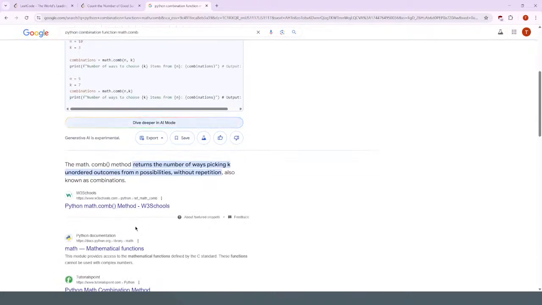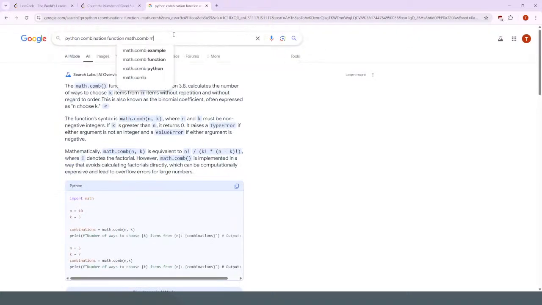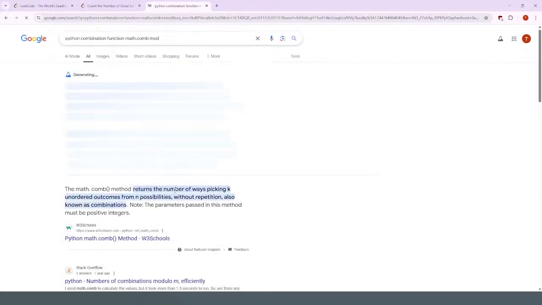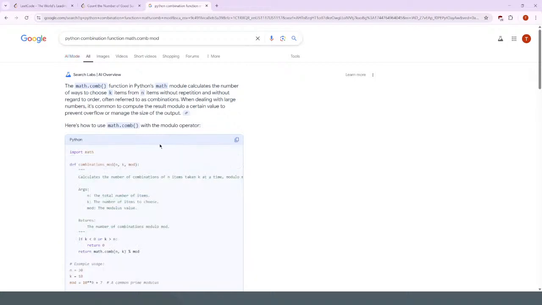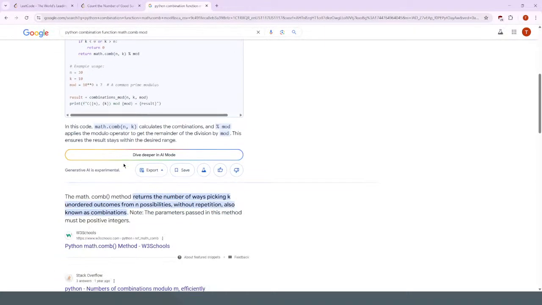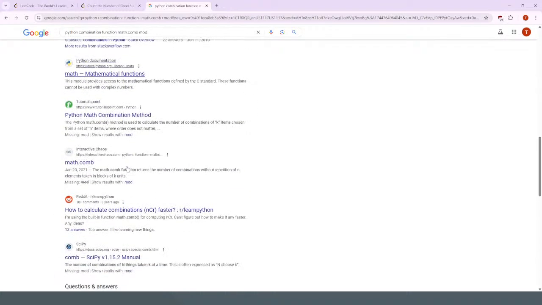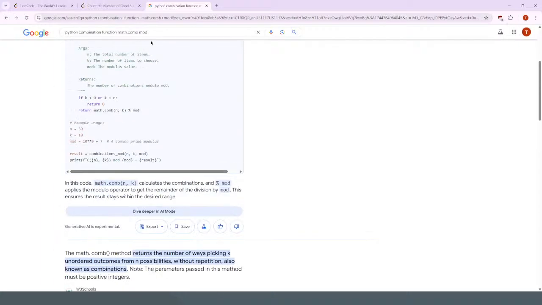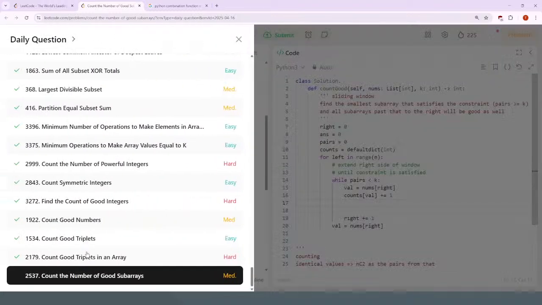There's also probably a module with that, right? Or was that with the factorial? No, it was with the modulo. Like, which was it before?